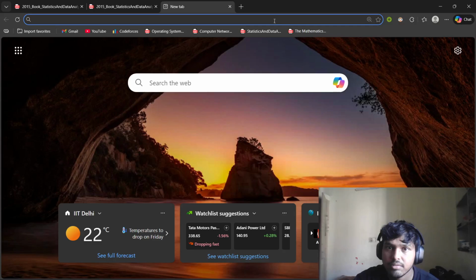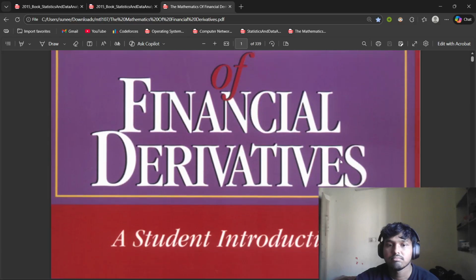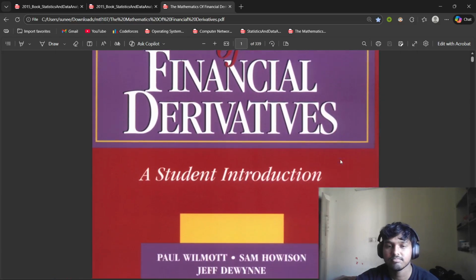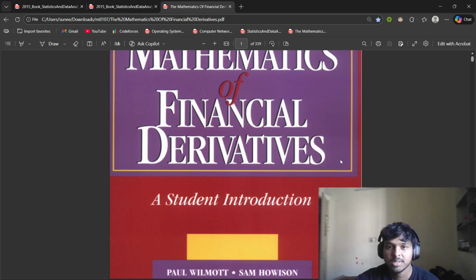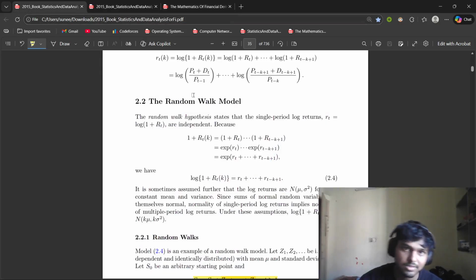The book I found more mathematical was this one. I was thinking maybe we will go with this in the future, but for today I have read the random walk part from this book.